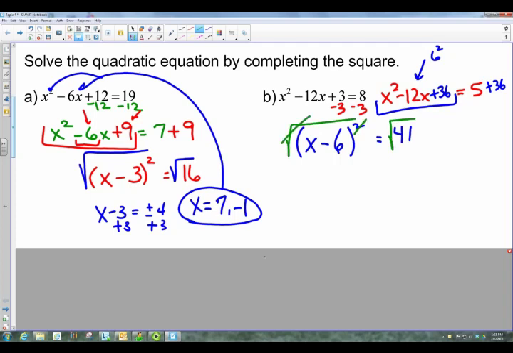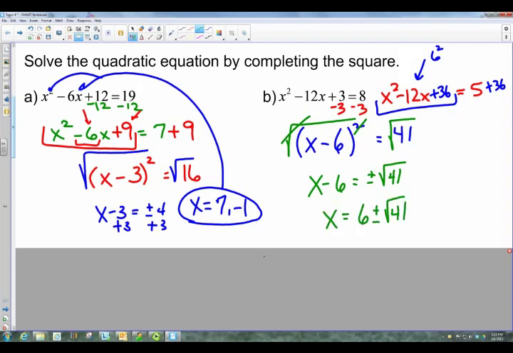Our square and our square root cancel. We're left with an x minus 6. On the right hand side, the square root of 41 is not something that's able to be broken down, so I'm going to leave it as the square root of 41. And then finally, I add my 6 to both sides, and so you've got 6 plus and minus the square root of 41, and there's your final answer.